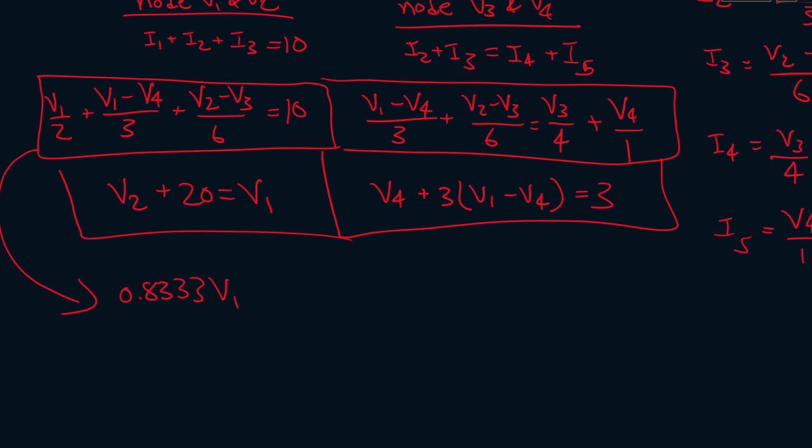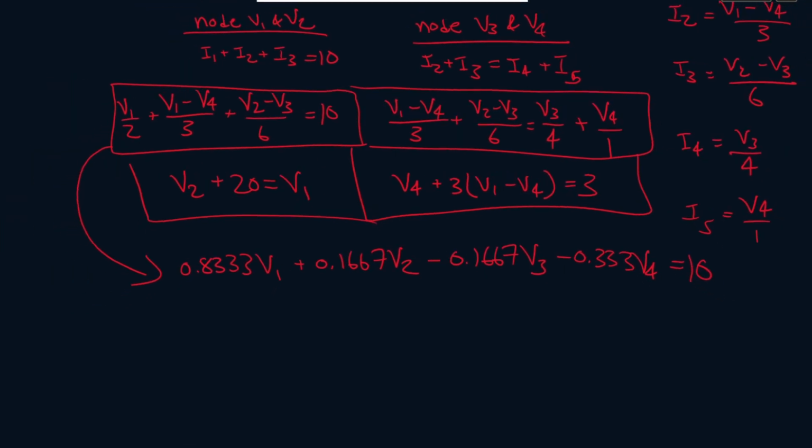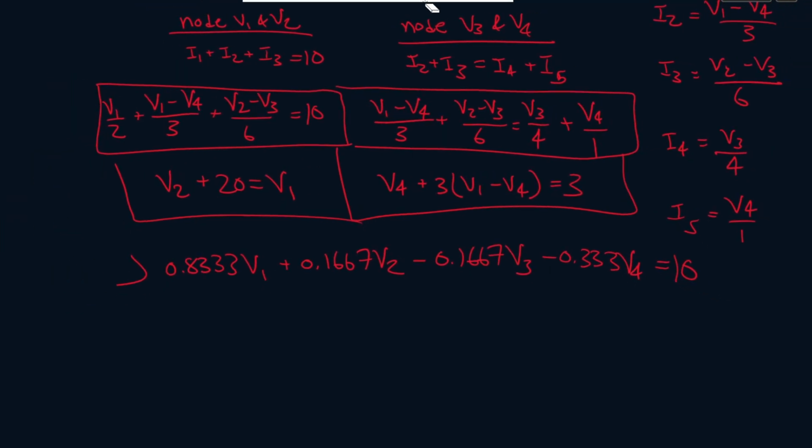Now we have V2 over 6, which is 0.1667 V2. Now we have minus V3 over 6, so it's minus 0.1667 V3. And then we have minus V4 over 3, so it's minus 0.333 V4, and it's equal to 10. So that's our first equation done.